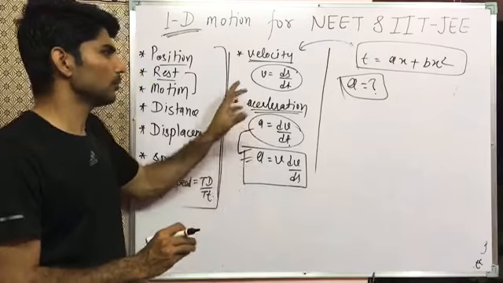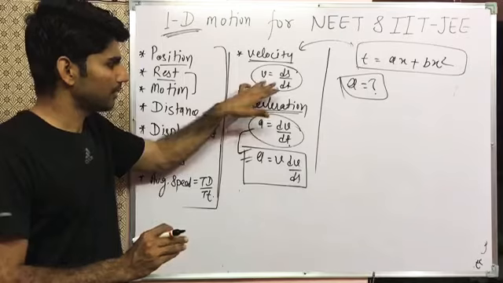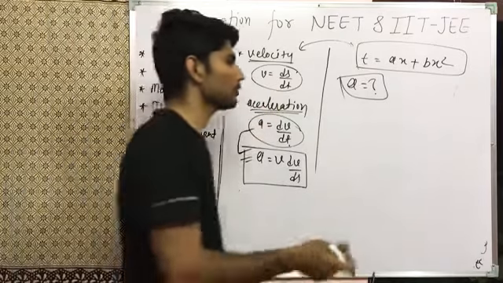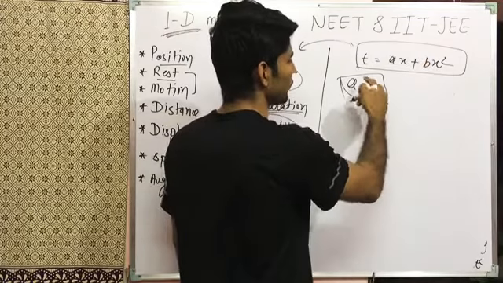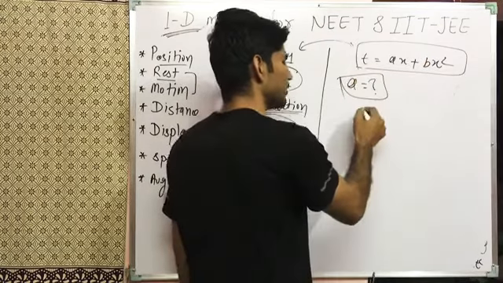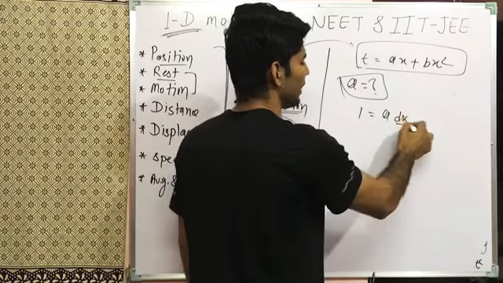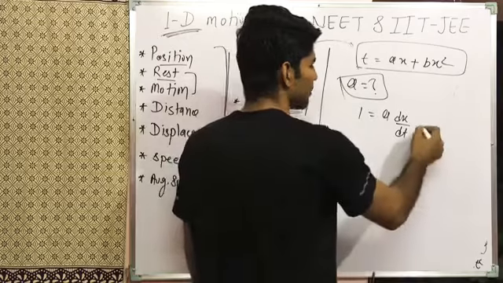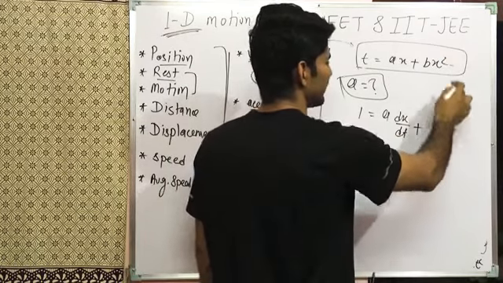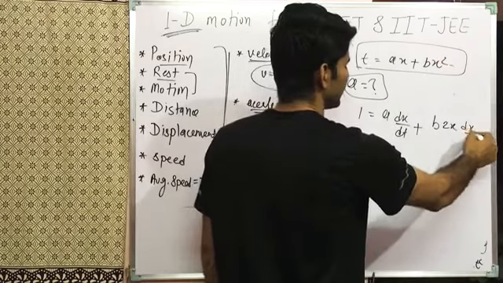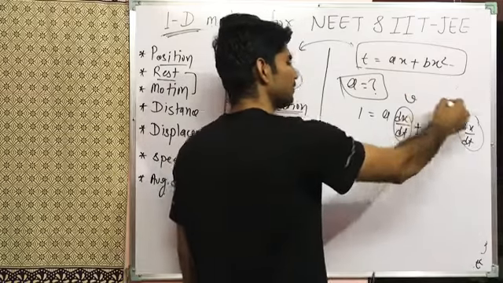You are asked the acceleration. So first you need to reach the velocity. For velocity we need to differentiate it with respect to time. When you differentiate with respect to time, t becomes 1, and a becomes a times dx by dt, plus b is constant; the differentiation of x square is 2x, and with respect to time it becomes dx by dt, and we all know that dx by dt is velocity.